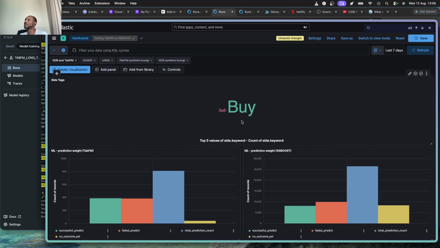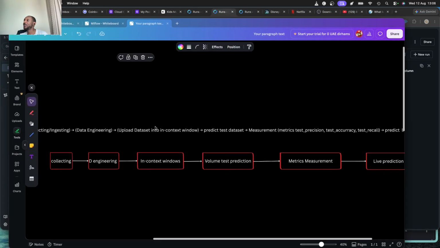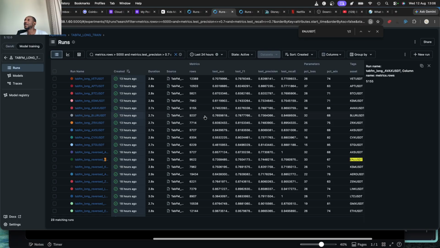Now let's go into a different dimension of this. Remember, we had to do metric measurement to get the good ones, right? And based on the good ones, we know we've got a certain number of assets.